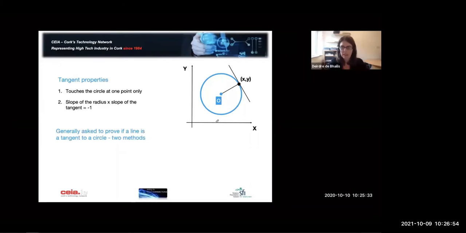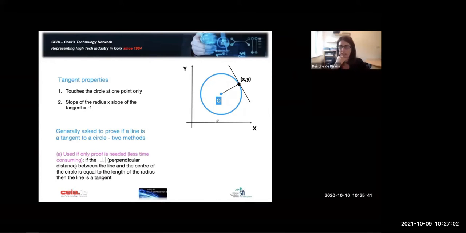One of the things about studying honours maths is to have an in-depth understanding of how to save time in exam questions. So with the two methods, it's important to recognize: are you being asked to find the point of contact? If you're not, then you can use a less time consuming method to prove that a line is a tangent to a circle.